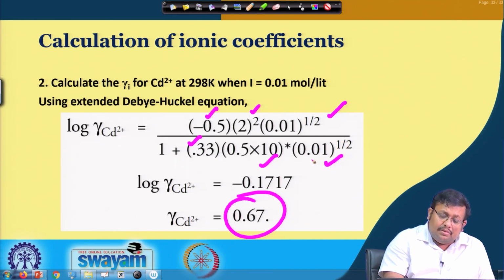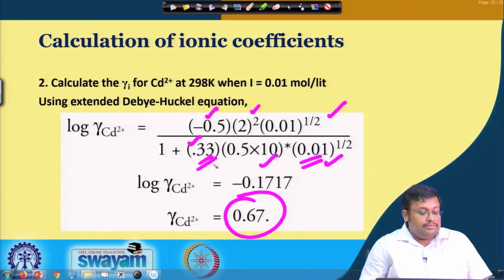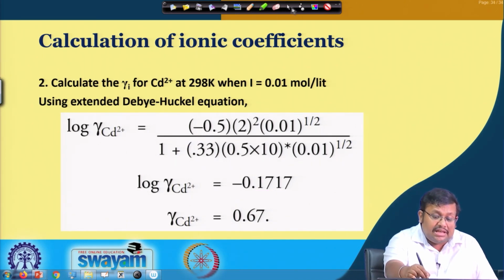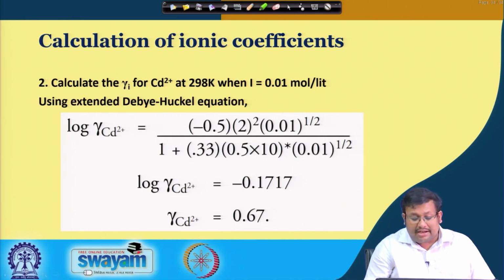We are using 0.01 value of ionic strength here, and this is 0.33, the value of B constant, which basically depends on the dielectric constant of the solution. So, this is how you solve the activity coefficient and ionic strength calculations.